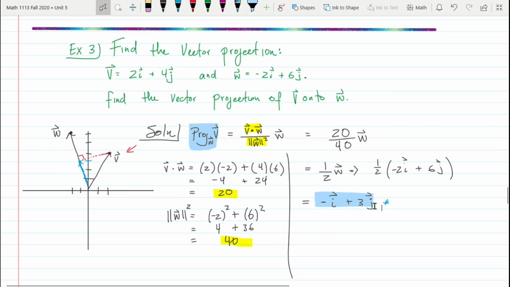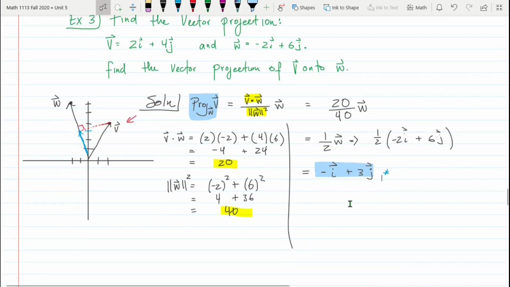Well, this is how much the shadow of V is onto W.